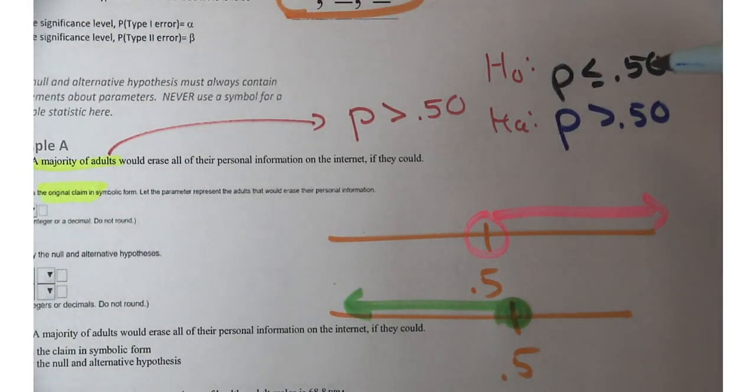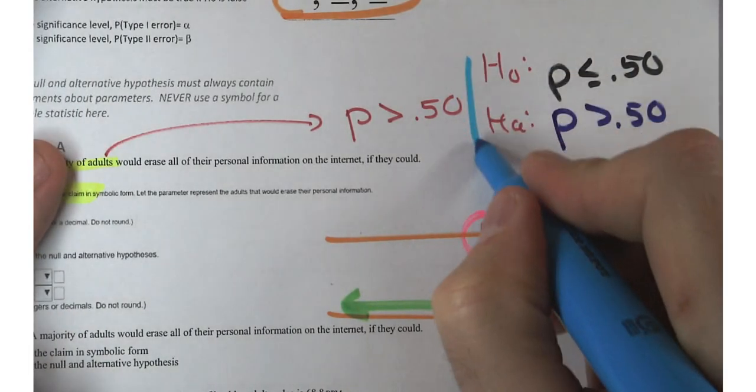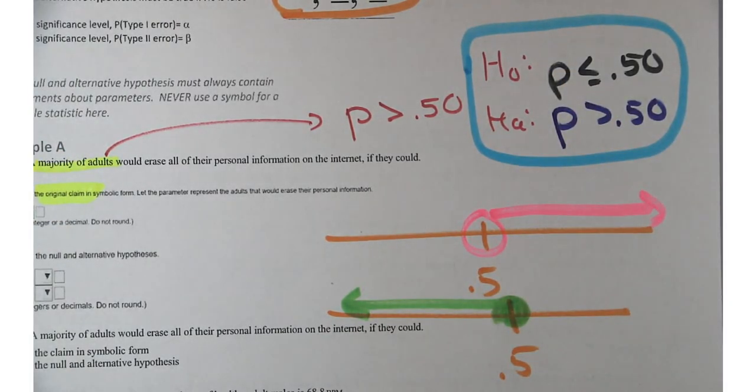There's your null and alternative hypothesis for that statement. Let's just circle that. That's what we're after right now, is setting up those null and alternative hypotheses. Good there, Cosmo? All right, thank you.